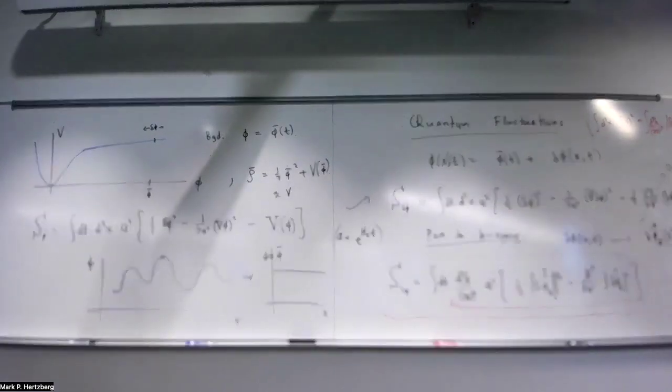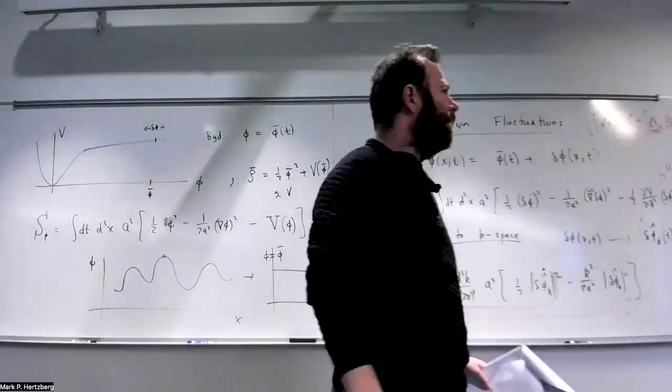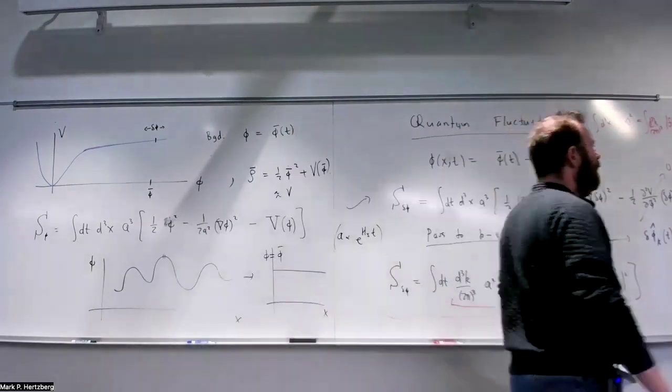So the momentum conjugate pi k is just going to be the a cubed. And the time derivative with respect to the phi dot is essentially delta phi dot. Well, even with a conjugate, I suppose. Doesn't matter. All right. So I should just insert that in here.